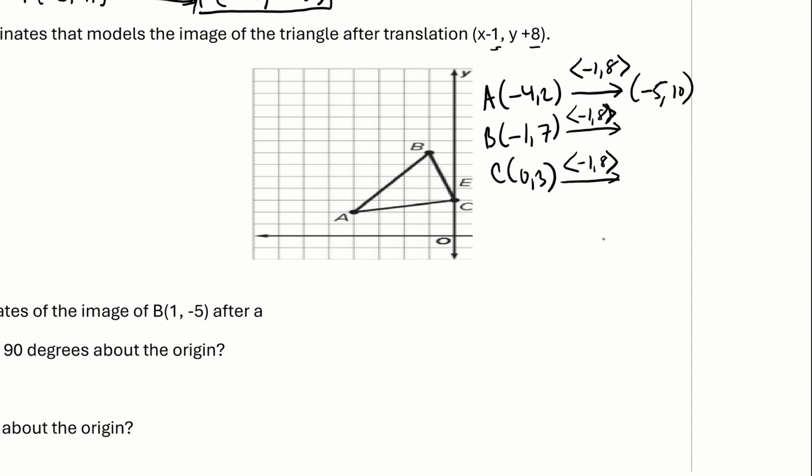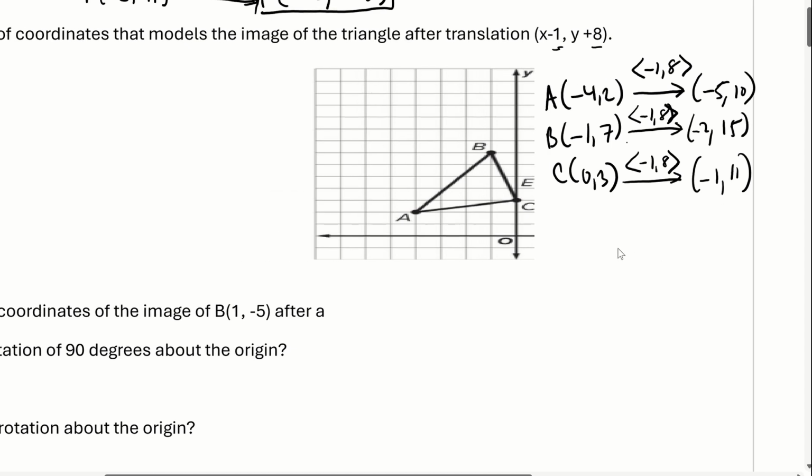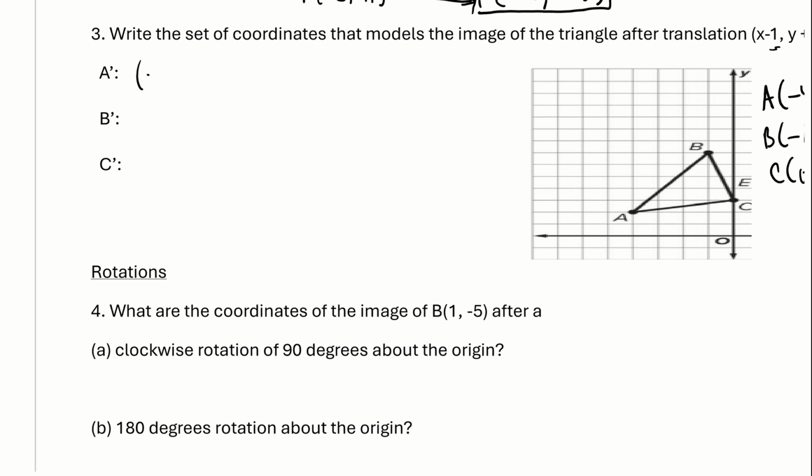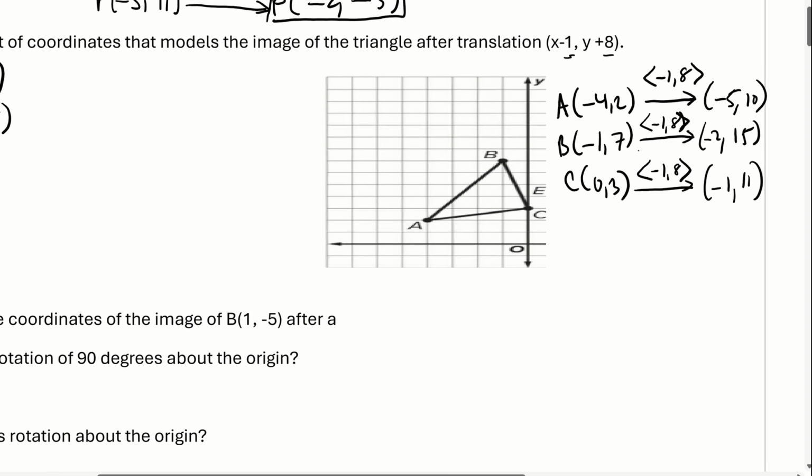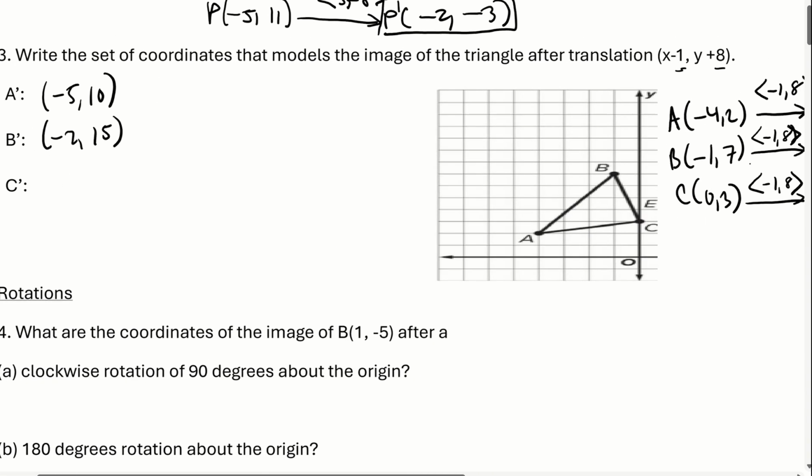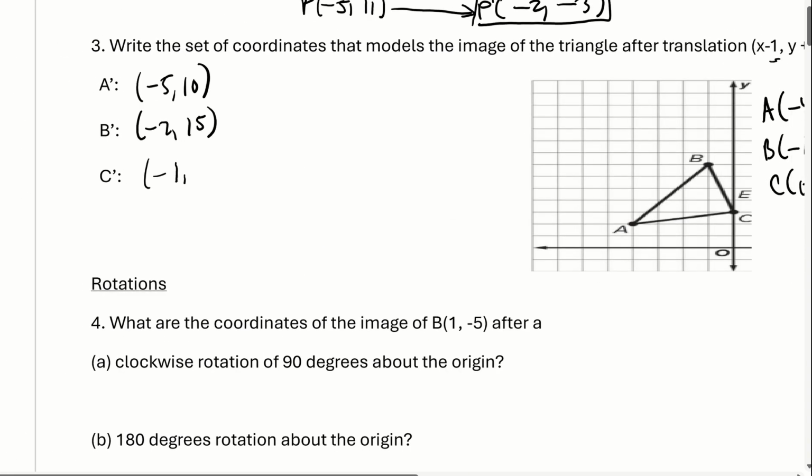Then you got -1 minus 1 is -2, 7 plus 8 is 15, 0 minus 1 is -1, and then 3 plus 8 is 11. All right, and that's your coordinates A, B, and C. So we can put our answers there. All right, that takes care of number 3.